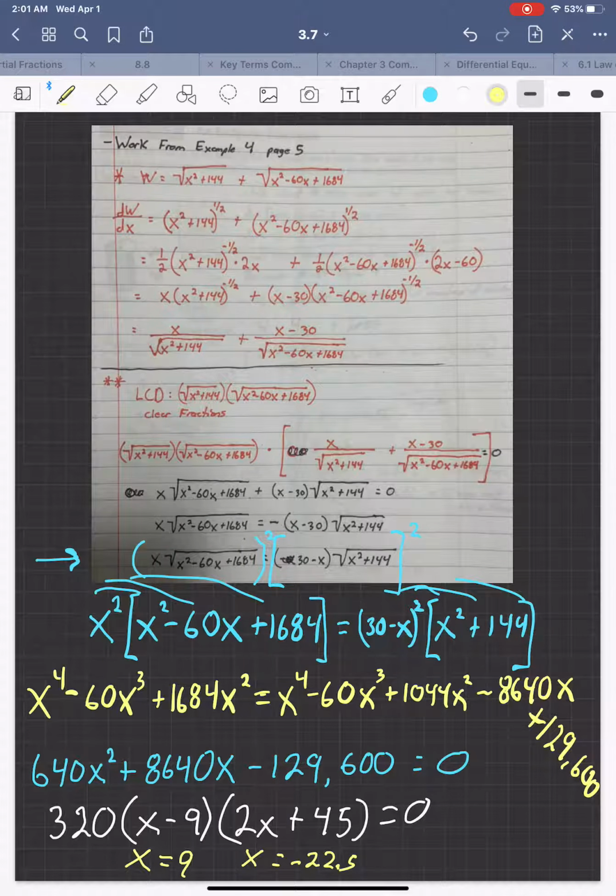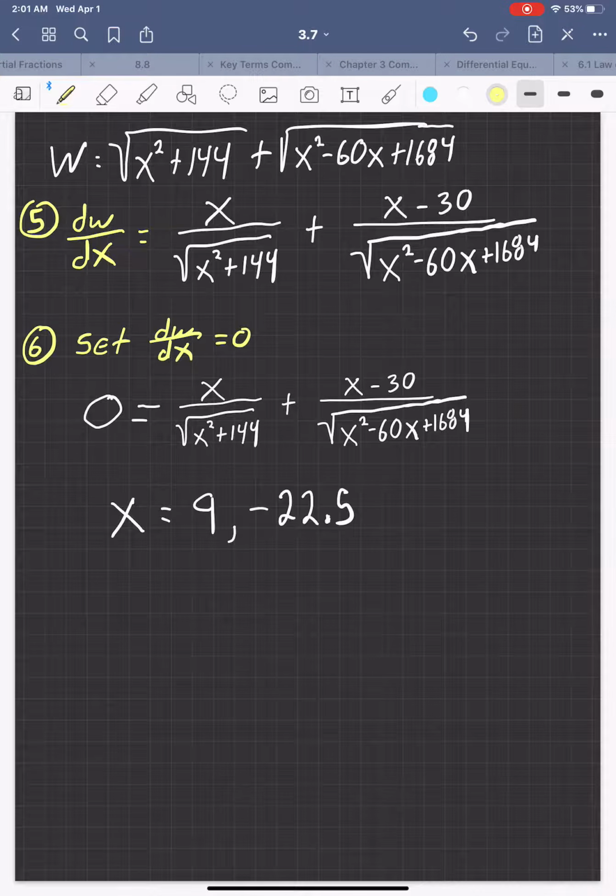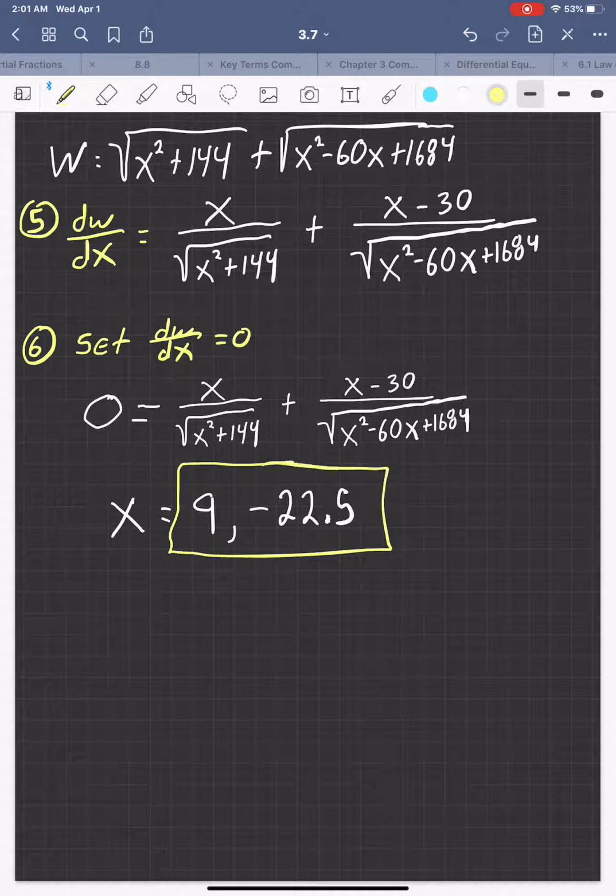Okay, so let me go back to where I was, where I'd left off. And now, at least you can see how I arrived at these 2 x values. Does it make sense to you that I'm going to throw away the negative 22.5, because that x is supposed to represent where I should stake the two wires?